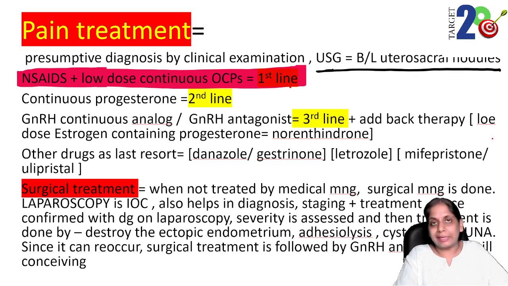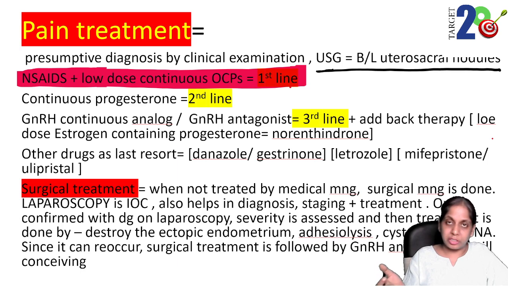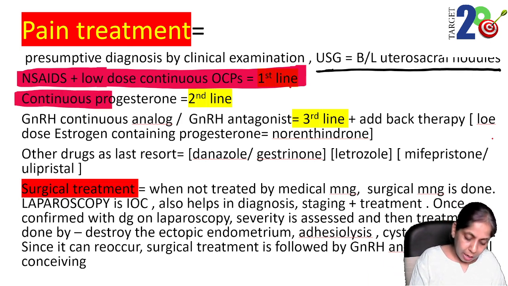And if the patient doesn't get okay with NSAIDs and low dose OCPs, the second line management is continuous progesterone. Okay, either it can be given in the Mirena or the injection depot medroxyprogesterone acetate, but progesterone has to be given continuous again, right?